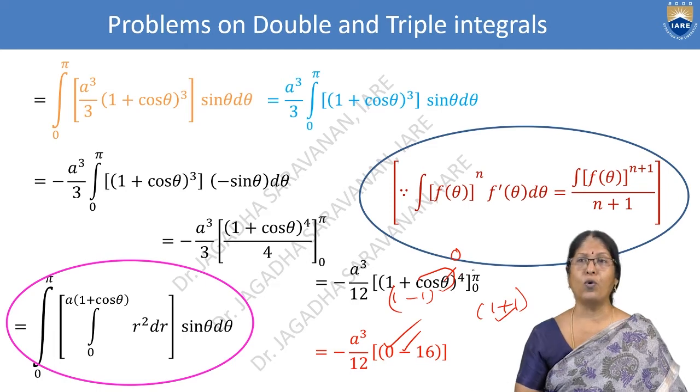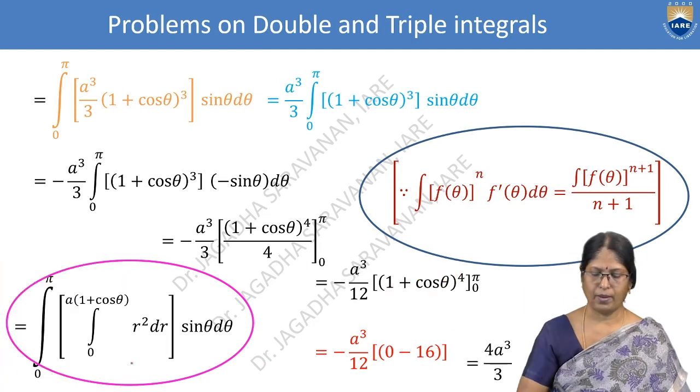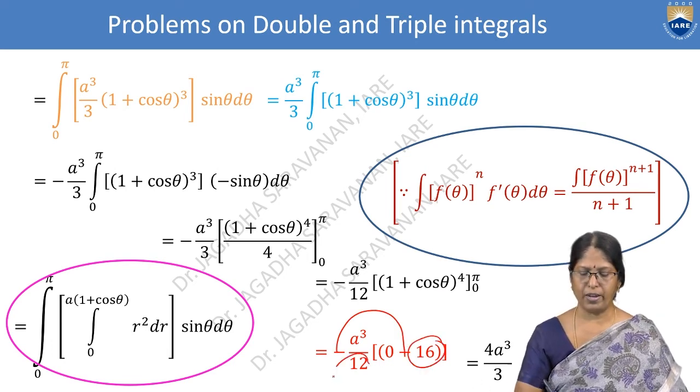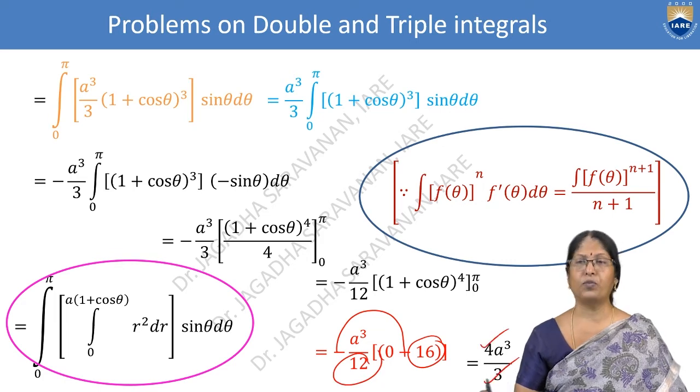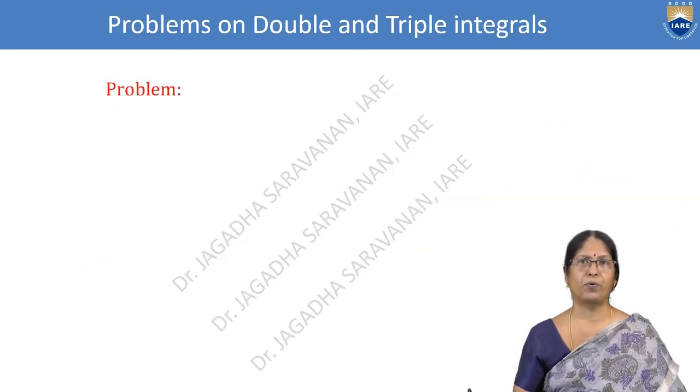But 2 power 4 is there, so we get 16. This minus and this minus put together give plus, then 16 by 12 in the lowest form is 4 by 3 a cube. So we completed the double integration problem.